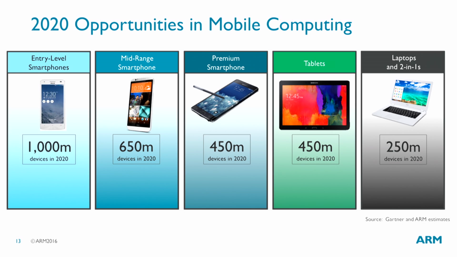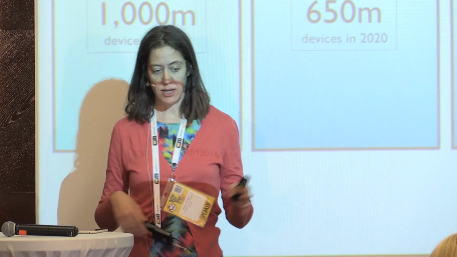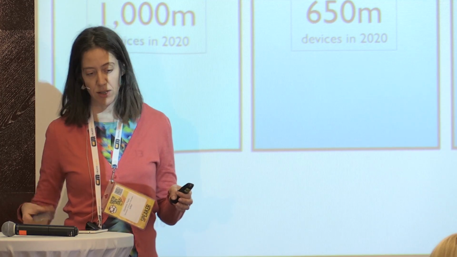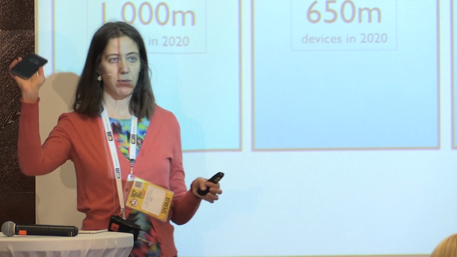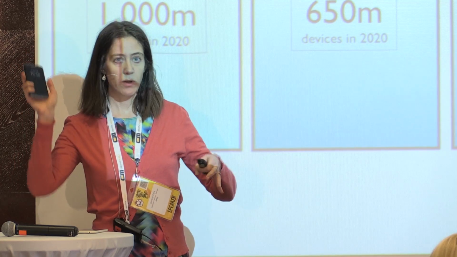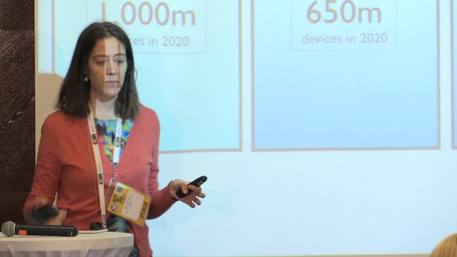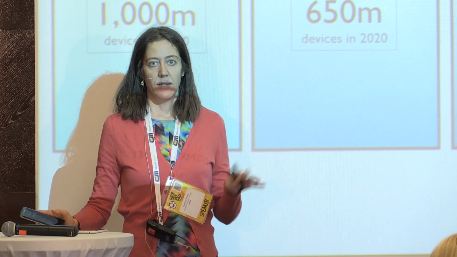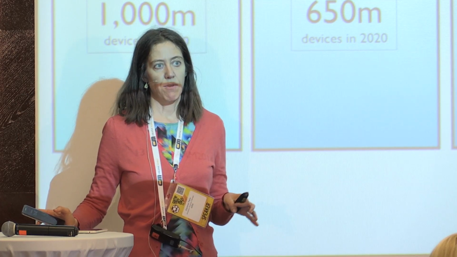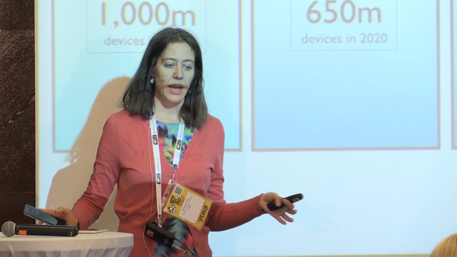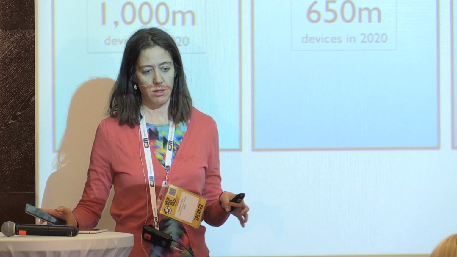And smartphones are differentiated between 3 categories: the premium, the mid-range, and the entry level. So the premium would be like this Samsung Galaxy S7 now, in 2020. Let's see what it is. Then the mid-range is the range of mobiles that cost around $200, and entry level is $50 to $100.